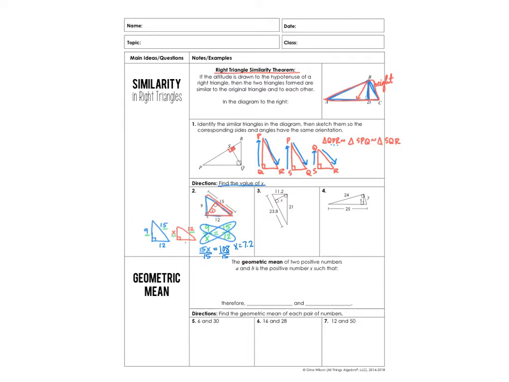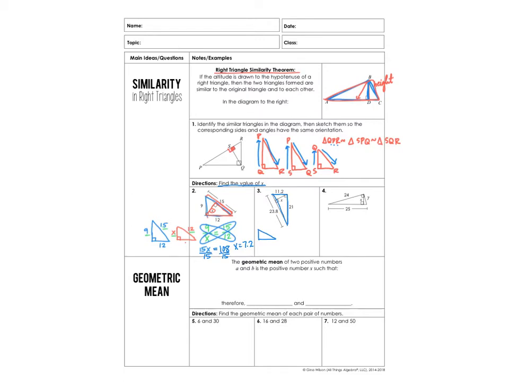Okay, so number 3 is going to work very similarly. So again, I'm going to separate these into 2 different triangles. I don't have to do it into 3 simply because I'm probably not going to need information from all 3. So here's what we're looking at. We're looking at this big triangle.